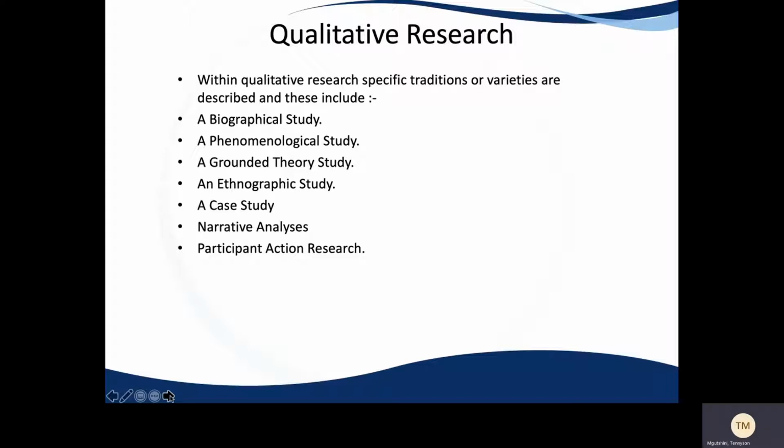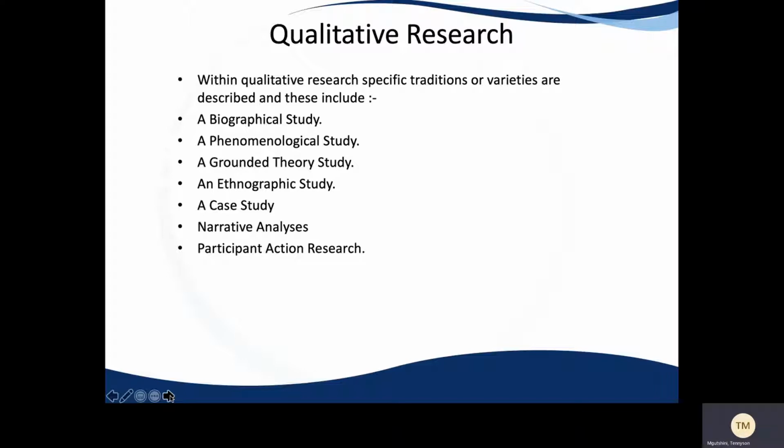Now, in qualitative research, you may notice that in quantitative research, I spoke about the different designs. I spoke about the experimental design. I spoke about the quasi-experimental design. Then I spoke about the non-experimental design. In qualitative research, there are similar sorts of divisions which aren't referred to as designs as such, but they're spoken about more in a loose way as traditions.